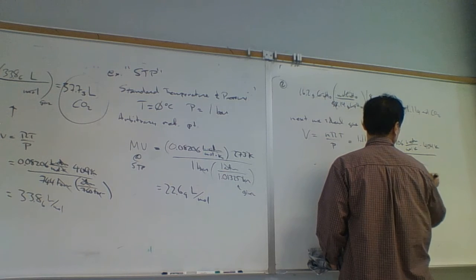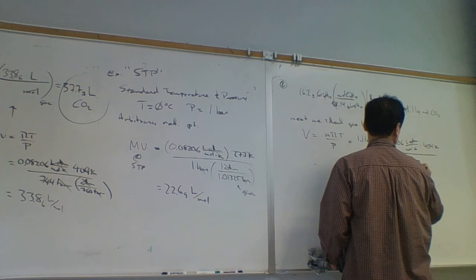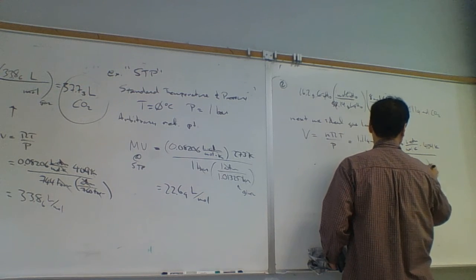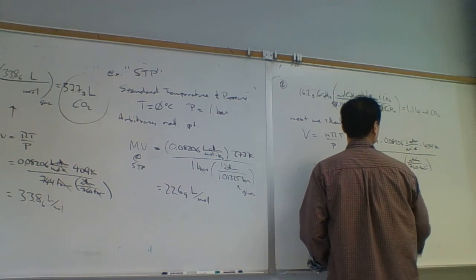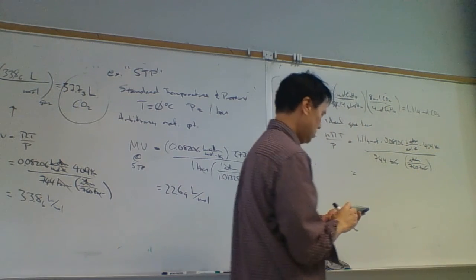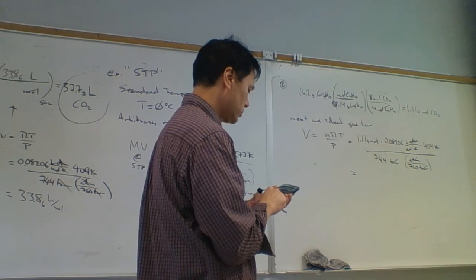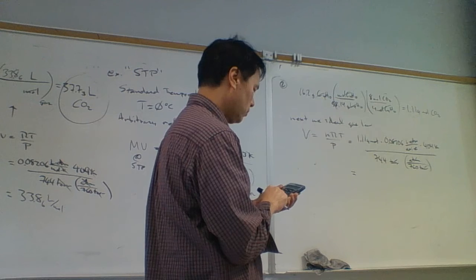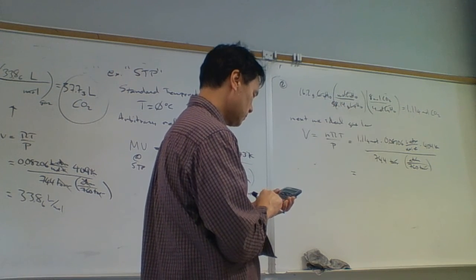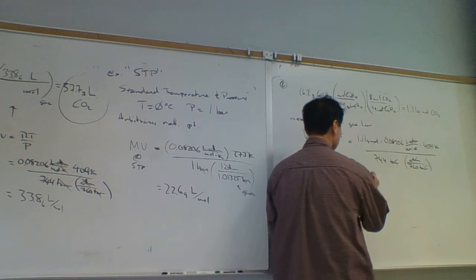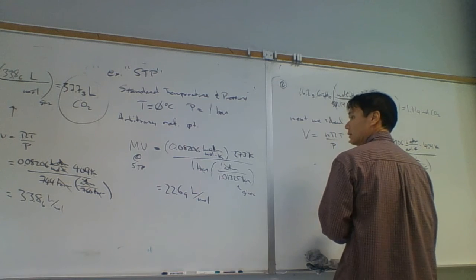And then we've got to convert torr into atmospheres. Torr cancels, moles cancel, kelvins cancel, atmospheres cancel. It gives us liters. So 1.114 times 0.08206 times 404 divided by 744 times 760. That's 37.74. 37.74 liters.